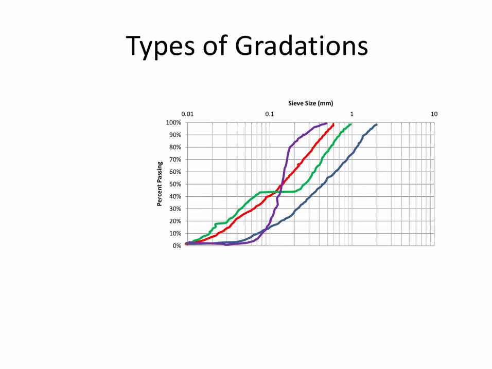And the final one is very much like well or densely graded. It's just at the top or the bottom of the curve, you're missing a certain size. And so that would be an open graded. And so these are the types of gradations. And you have your labels there on your handout. And so those are the types of gradations that we look at and why we need our percent passing, so we can plot that and understand our gradations.